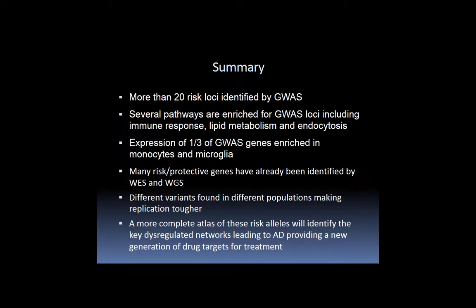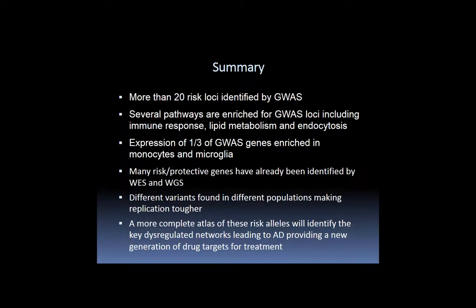If they're only really reporting regions of the genome, how do you figure out what's important in that region? And doing pathway analyses, it's pretty clear that these GWAS loci are enriched for genes that are involved in 3 major processes: immune response, lipid metabolism, and endocytosis. So those biological processes probably underlie risk for Alzheimer's disease.